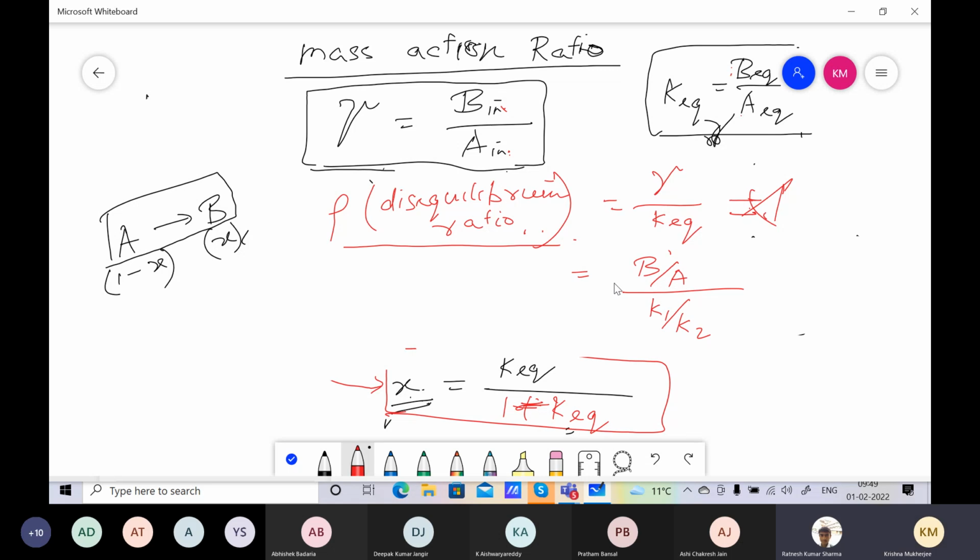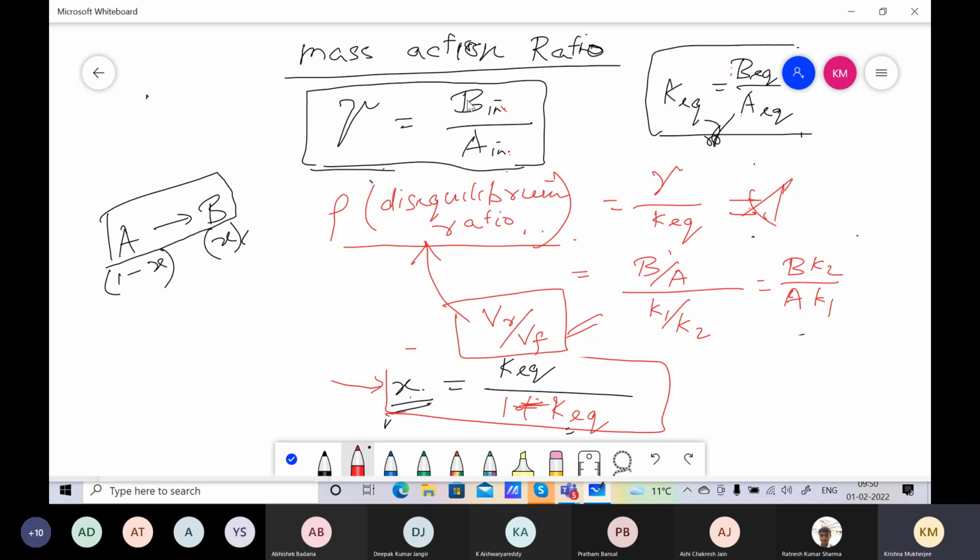So what does this become equal to? This becomes equal to B K2 upon A K1, which is also equal to what? The reverse reaction upon the forward reaction. So the disequilibrium ratio is nothing but the reverse reaction upon the forward reaction.